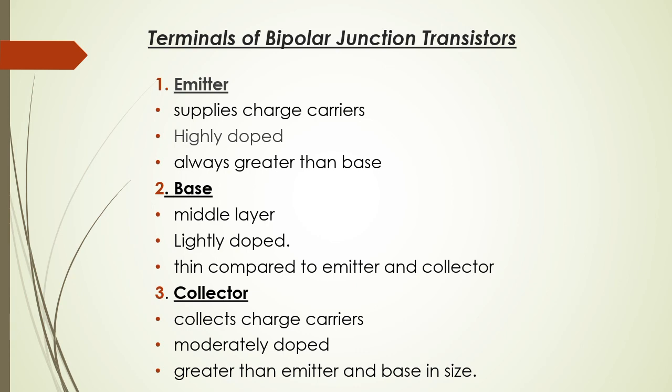Base is the middle layer and is slightly doped. It's thin compared to both the emitter and collector. The purpose of collector is to collect the charge carriers and is moderately doped, but the size is greater than emitter and base.